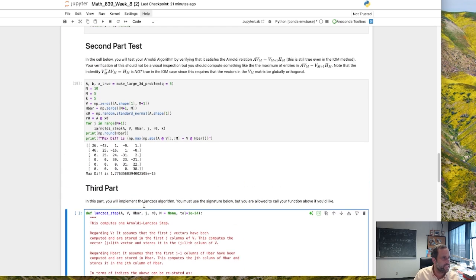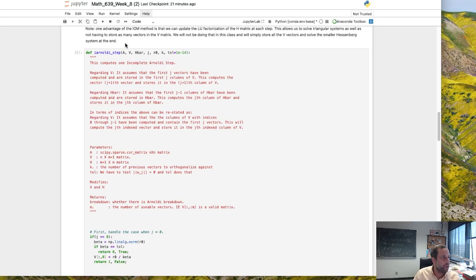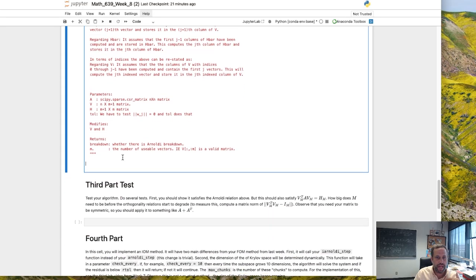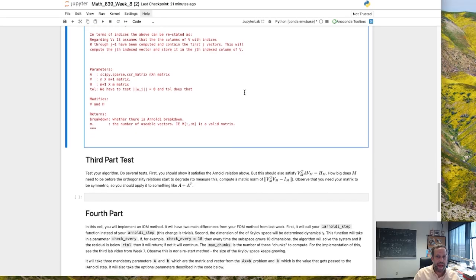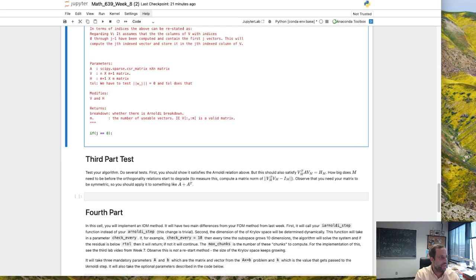One way to code this is simply to call your Arnoldi step with k equal to 2. That's going to be the same exact thing. Now I'm going to be a little more explicit and make it look a little bit more like how we did it in class. So again, if j is equal to 0, we've got to initialize things.